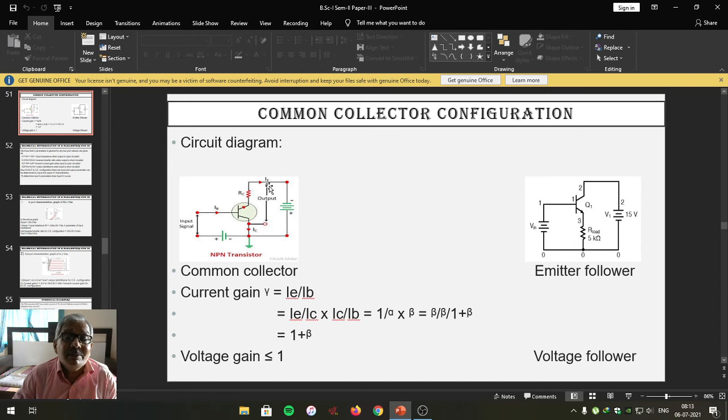Please remember, output is taken across emitter when it is used in common collector configuration. In this case, a small change in input signal produces a large change in emitter current so as to develop a large voltage across the emitter resistance, so that it is going to act as an amplifier.